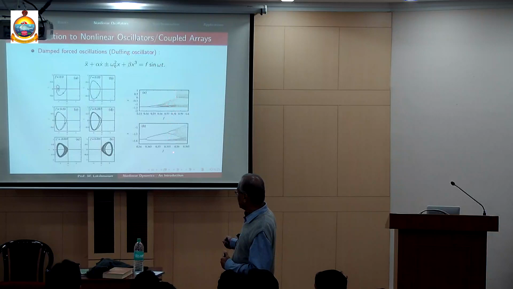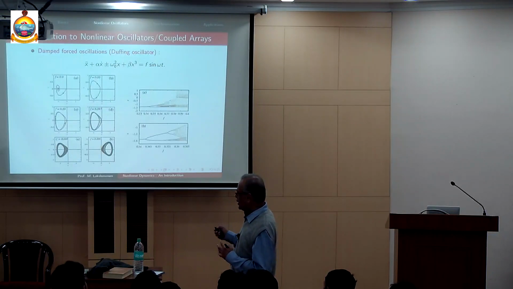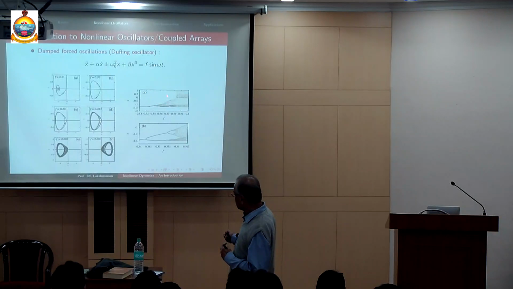So if you look at this bifurcation diagram, you will see that it covers both the regions. In this region, you have extremely complex dynamics, interspersed by periodic behavior and new kinds of bifurcation.